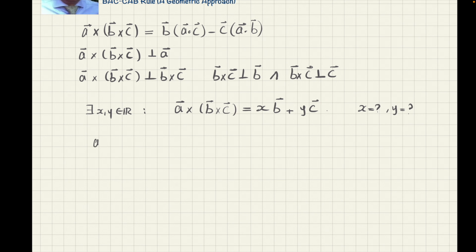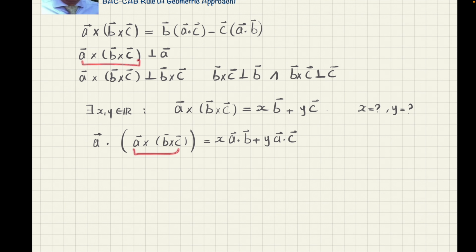Why? Because if I do the same thing that I mentioned, then I will have this situation. Yes, and then A dot on the right hand side, I can distribute it. It becomes x A dot B plus y A dot C. But on the left hand side, as you see here, this vector is orthogonal to A. So if I take the dot product of a vector with a vector which is perpendicular to it, the answer becomes 0.